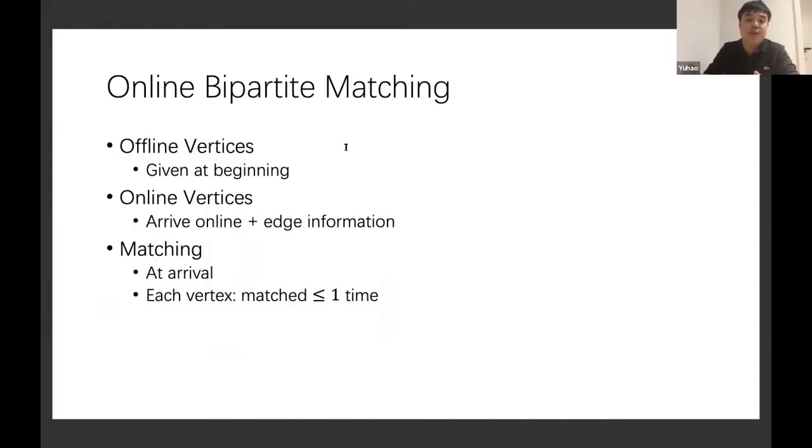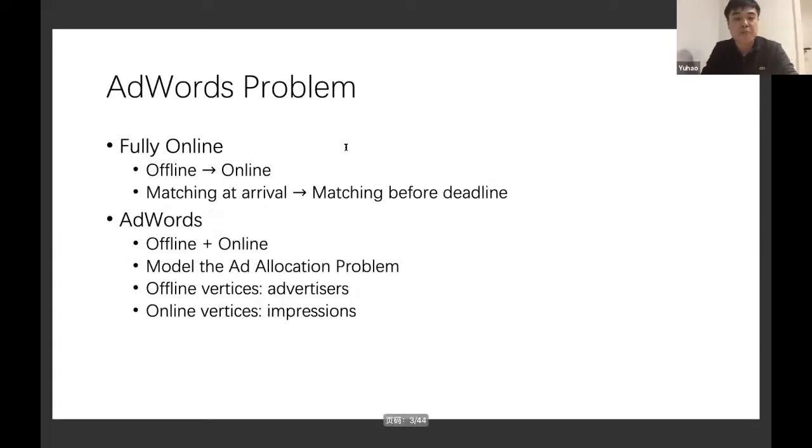These vertices arrive online, and when one online vertex arrives, we learn the edge information between it and the offline vertices. The algorithm needs to make a matching decision at the arrival time of an online vertex, and it needs to ensure that each vertex can be matched at most once.